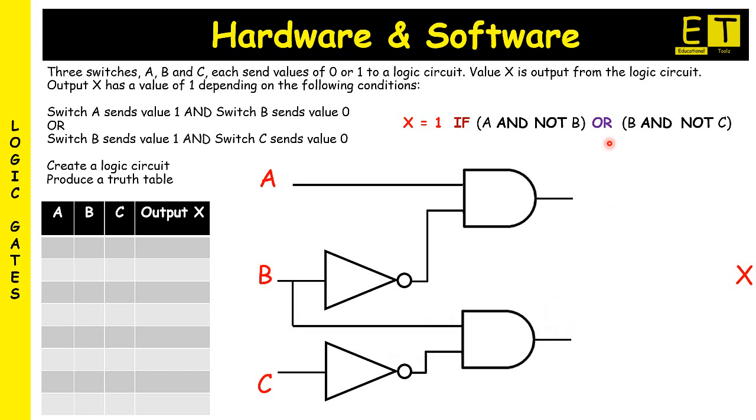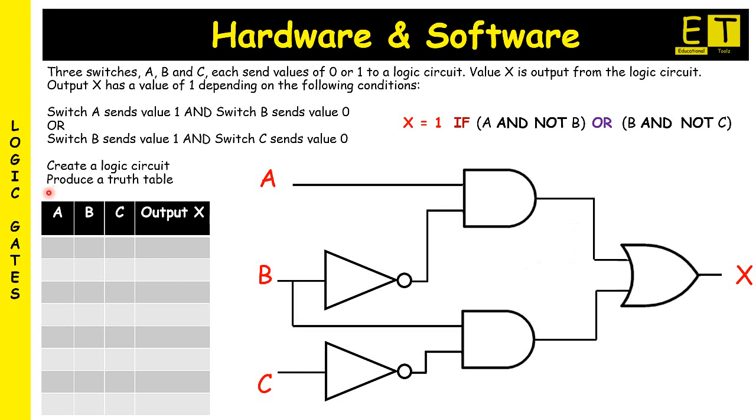Now in order to do the final part, all you need to do is insert an OR gate. As I mentioned earlier, the OR gate is connecting the 2 statements together to produce the output X. So what we do is insert the OR gate and just connect it together, and there you have it.